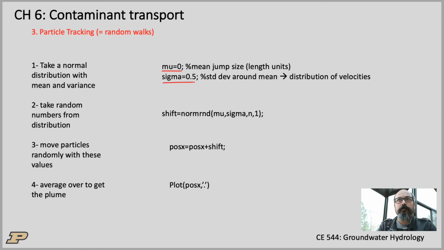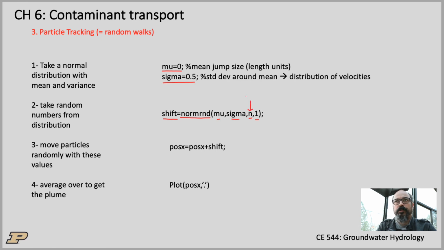Again, this is pseudocode in Matlab, and I'll show you the complete code running in the next slide. Then we take a random number from that distribution. I call this shift, and I take a normally distributed random number. This is a Matlab function that does it for you: mean mu, standard deviation sigma, and n numbers. This is Matlab, so it's rows, columns: n rows, one column.